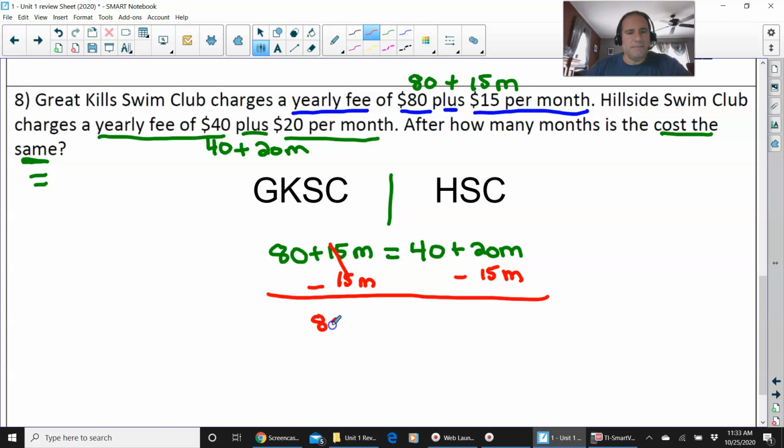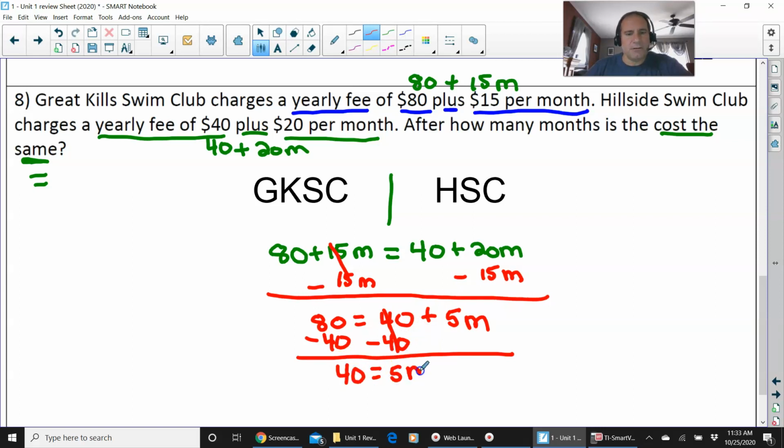We have 80 equals 40 plus 5m. Minus 40 on both sides. This cancels. You have 40 equals 5m, and hopefully you know to divide by 5, and m equals 8.